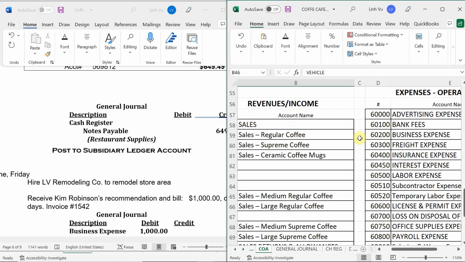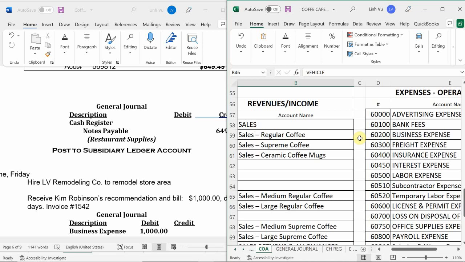Is that in any way advertising? No. What about a bank feed? She's definitely not my bank, so that can't be possible. Business expense. That's very likely because this is something that you bought for designing your store. So that could possibly be a business expense. It's definitely not freight expense because once again, that is inventory.